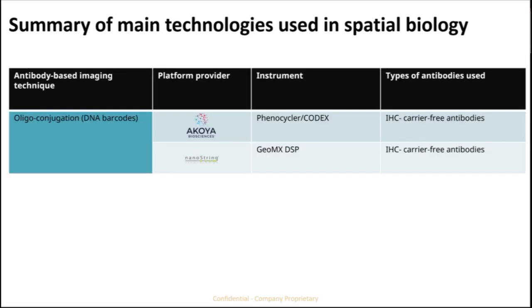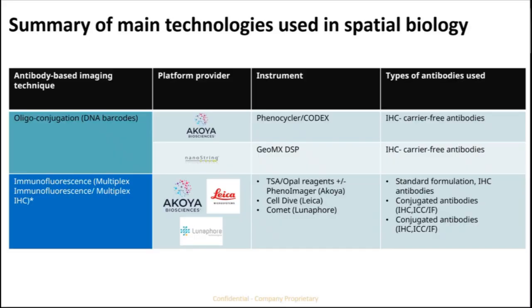And last but not least, just to quickly summarize the different platforms and the types of antibodies that are suitable. If you're using an oligo conjugation based platform such as Akoya or NanoString, you can choose our IHC carrier-free antibody and conjugate it to the oligonucleotide, either using our Lightning-Link conjugation kits or the conjugation kits from the platform providers.